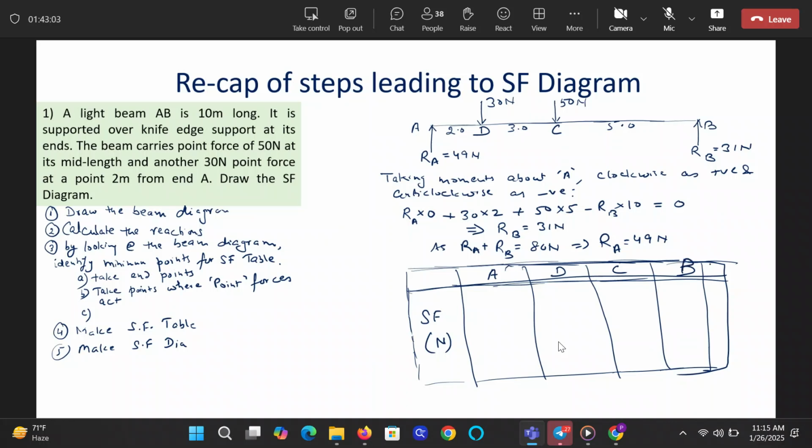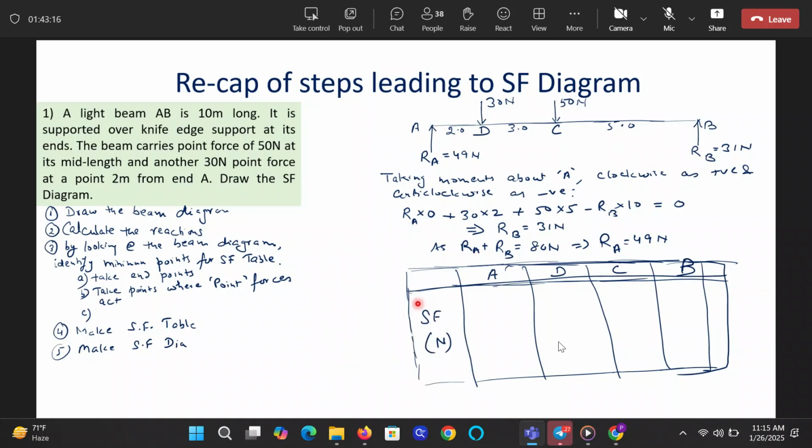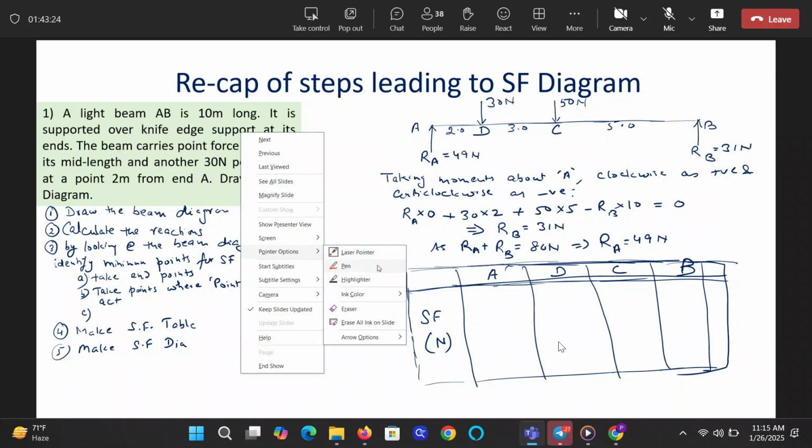Now, guys, some of these cells, what do I mean by the cells? These are the cells. Some of these cells for these points we'll have to divide into two.